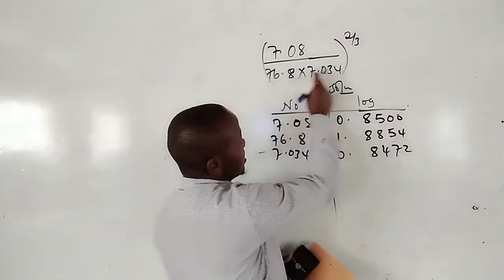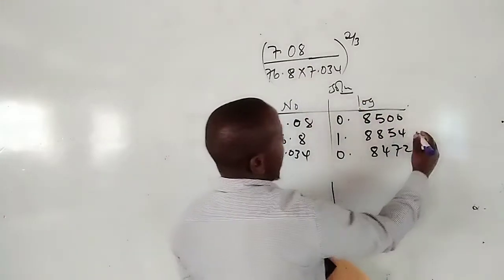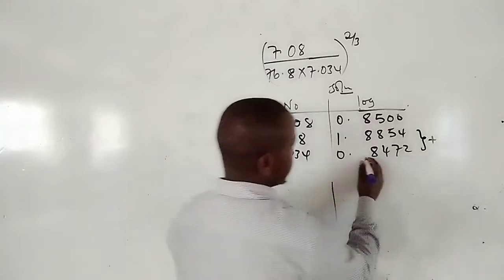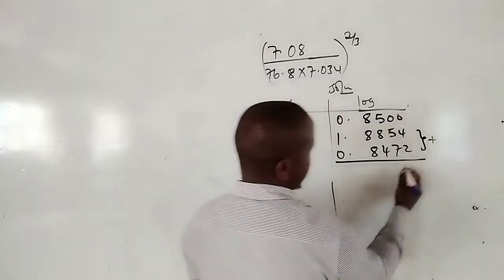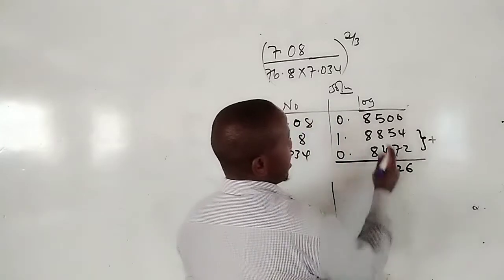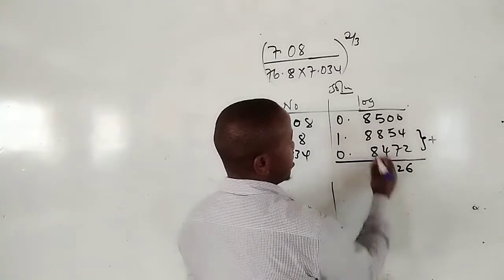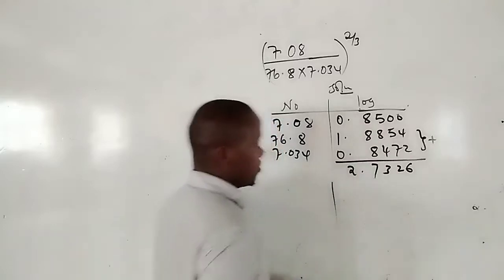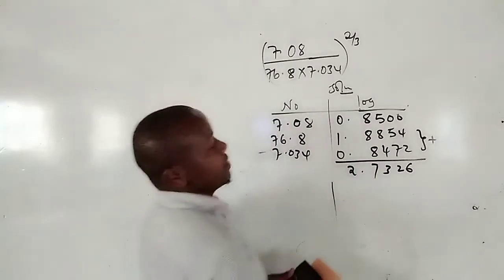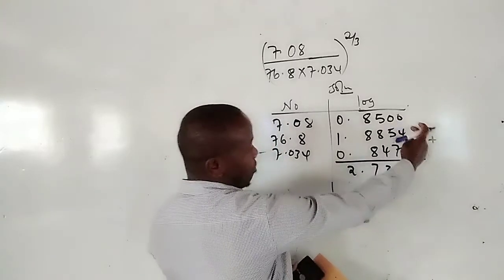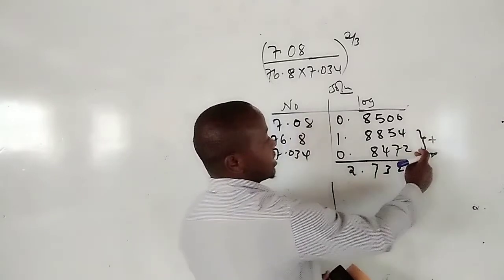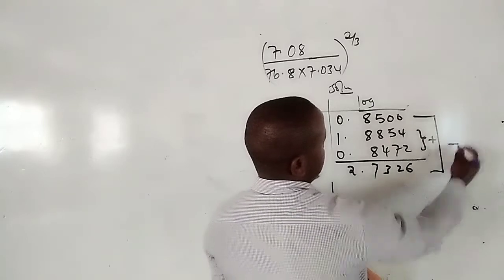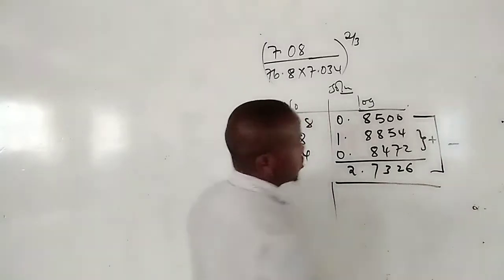Now, because these ones have been multiplied, we add the logarithms like that. We add this: 6, 2, carry 1, 3, carry 1, 7, carry 1, 2. So now, because this one is being divided, we subtract the logs.